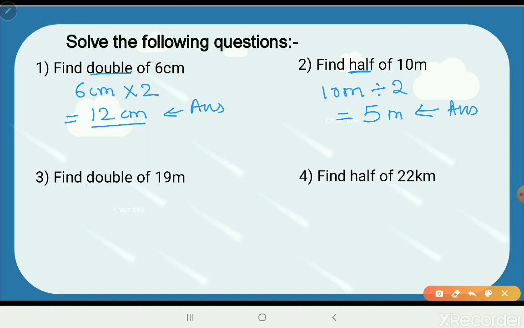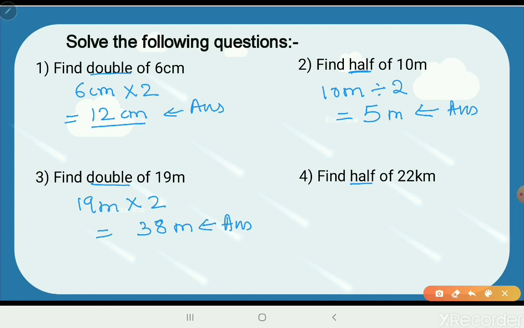Question number 3. Find double of 19 meter. To find double, we simply multiply it by 2. So when you multiply 19 by 2, your answer will become 38 meter. This is your answer. So double of 19 is 38 meter. Find half of 22 kilometer.